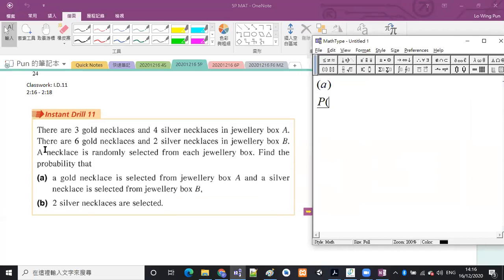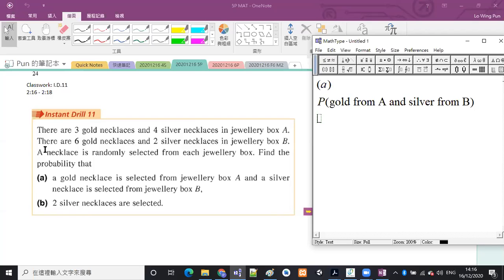We are going to find the probability that a gold necklace is selected from jewelry box A. So it should be gold from A. And a silver necklace is selected from jewelry box B. So silver from B. Can you get this? Usually for the sentence inside the P brackets, we write the keywords in the most concise English possible.